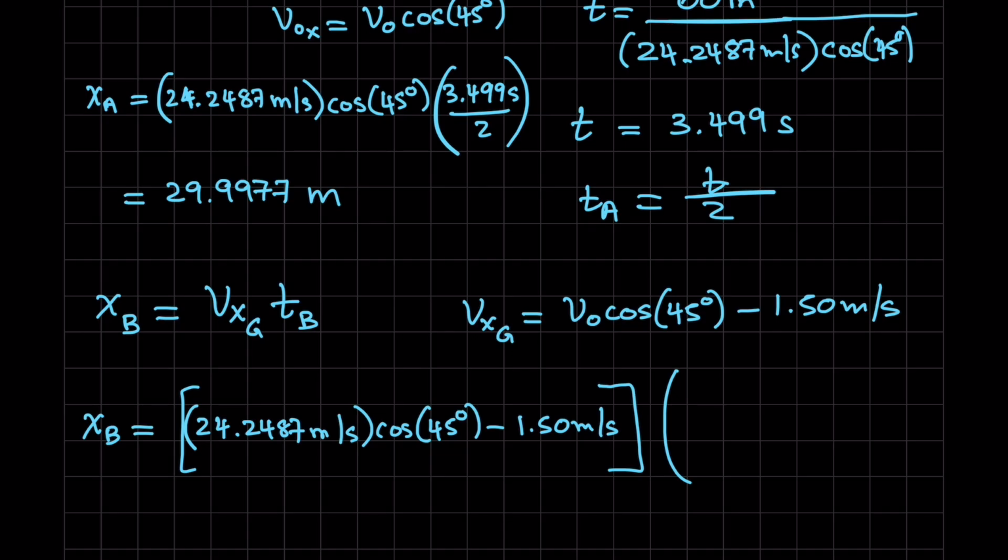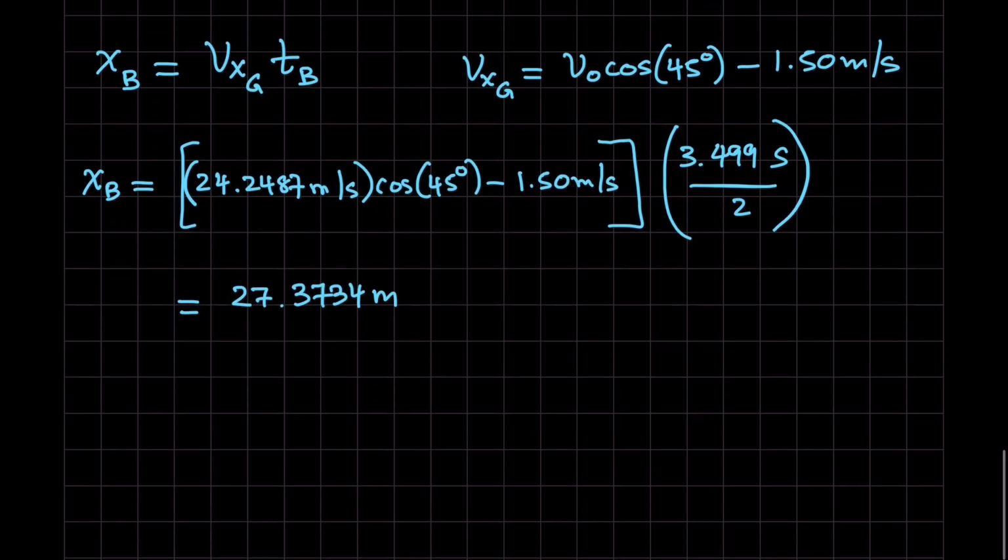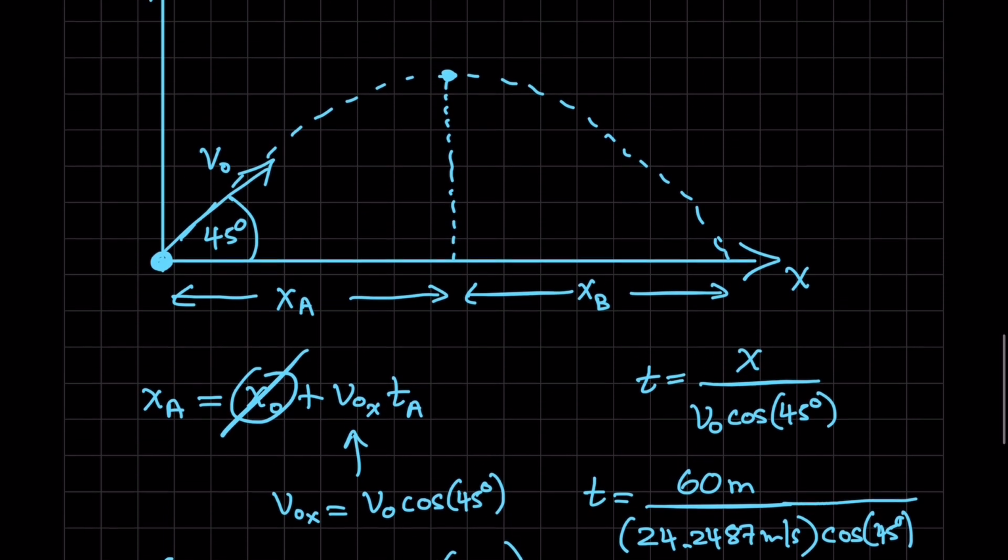And then we have time, right? So what's the time? Again, we take the total time, 3.499 seconds, and divide it by 2, right? Putting that into your calculator, you should get 27.3734 meters, right? We're not done because we need to put the pieces back together, right?